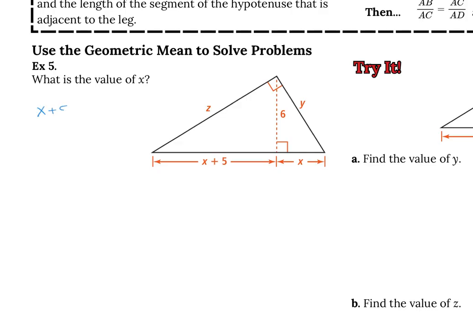X plus 5 over 6 equals 6 over x. Cross multiply. Distribute. I'm going to subtract my 36 over.